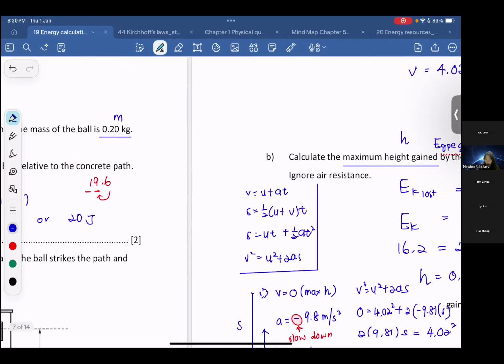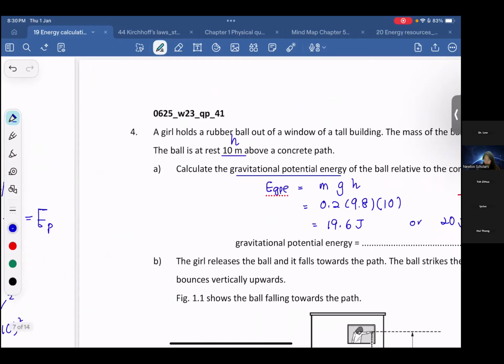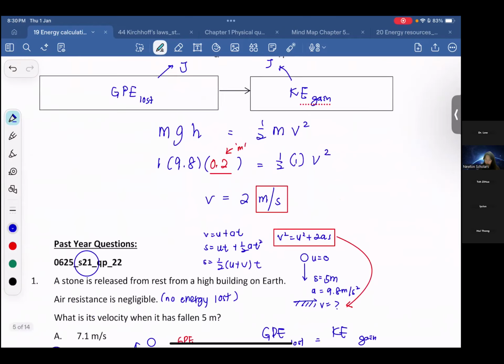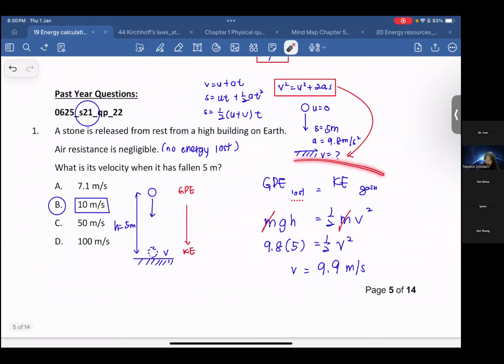This one, we actually also mentioned last week. You see, I told you GP loss equals to kinetic energy gain. From here, we also can use the linear motion equation. Actually, we are also using v squared equals u squared plus 2as. When the object drops, initial velocity is 0. Then the final velocity, we are going to calculate.